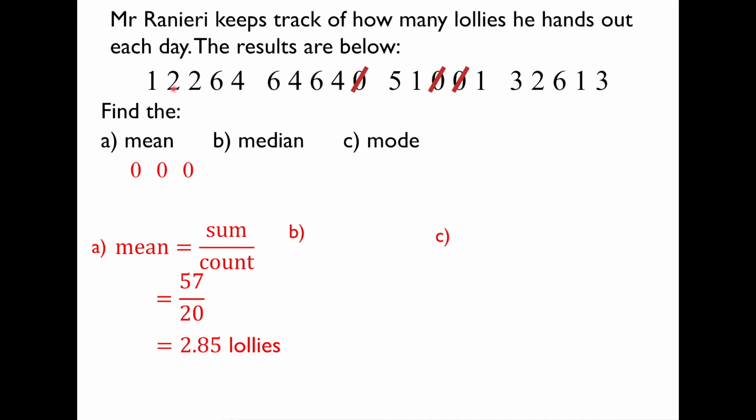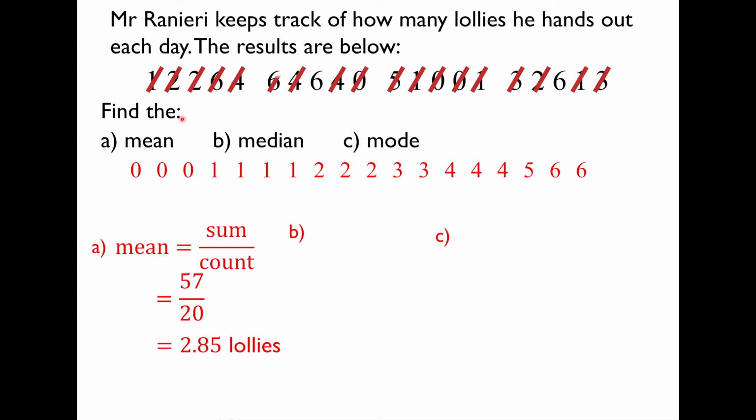Any other zeros? No. The next biggest number we've got is 1. There's one, another one, another one, another one. Any other ones? No. You can see that by crossing them off as I write them, I can make sure that I don't miss any. As a final check, you can also count that I've got 20 items here and 20 items in the original data set to make sure I haven't missed any.